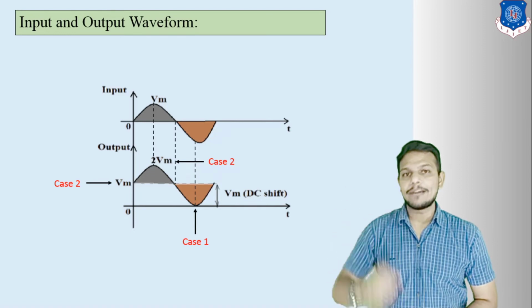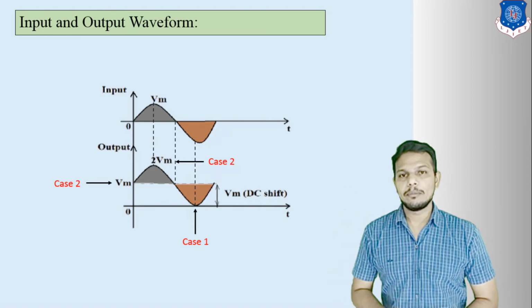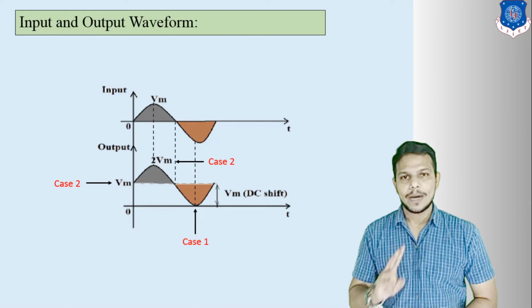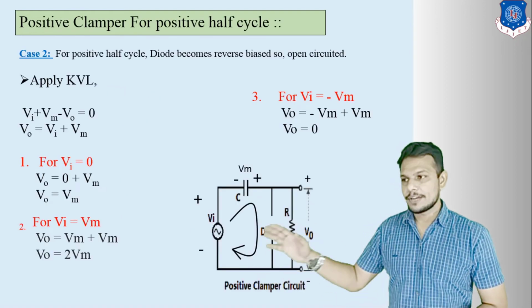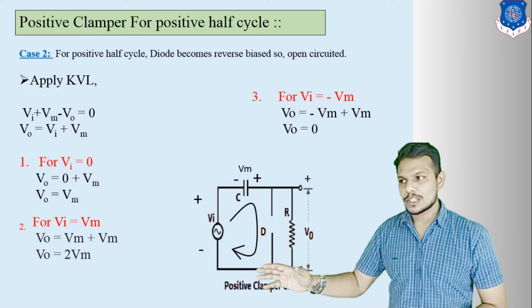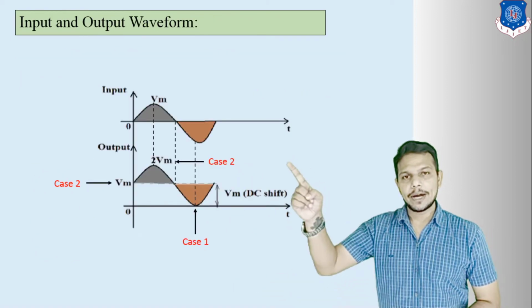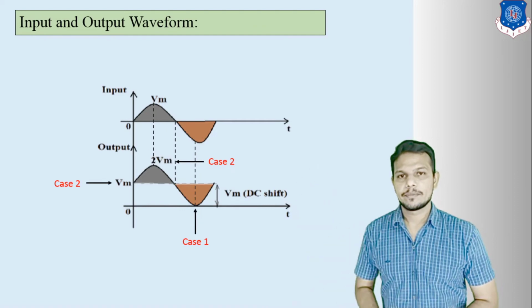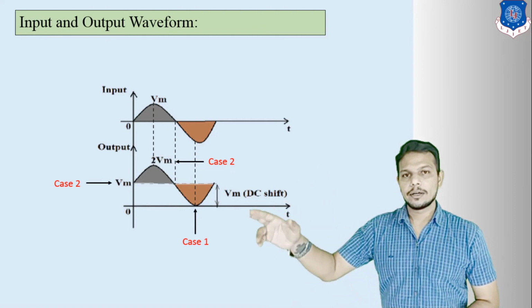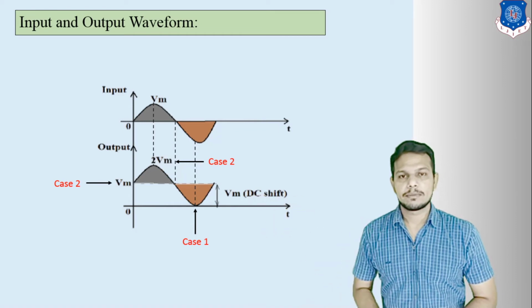If you enter 5 volt, your output will be 10 volt, twice your input value. So in this case, we have seen Vo is equal to twice Vm because you enter input voltage Vi equal to Vm. Right? So twice Vm is your case number 2.